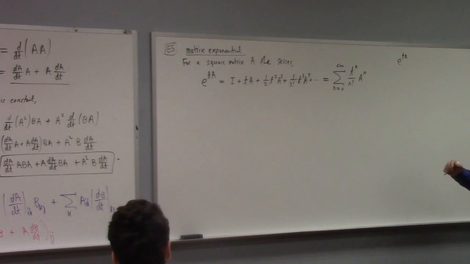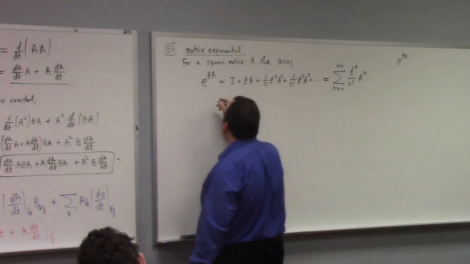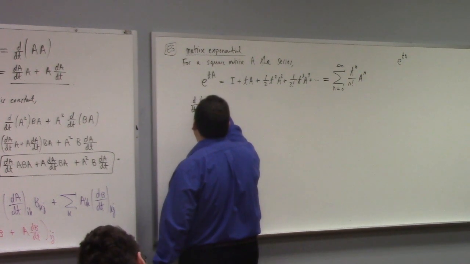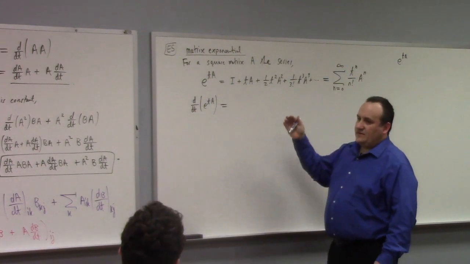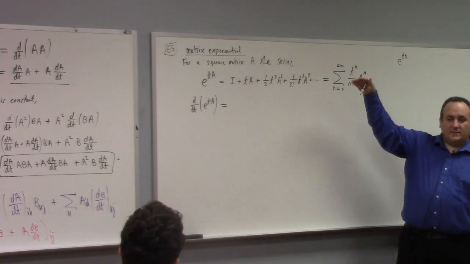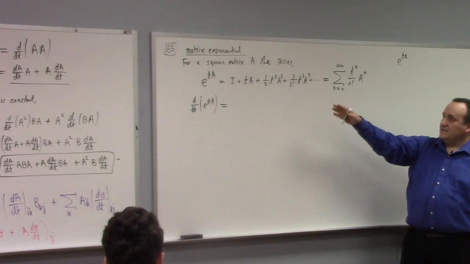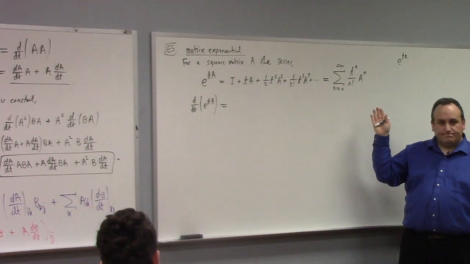Now, what would the derivative of this be, do you think? Guess what? There is actually also a term-by-term calculus for series of matrices. If you want to take the calculus of a series of matrices, you just differentiate term by term.